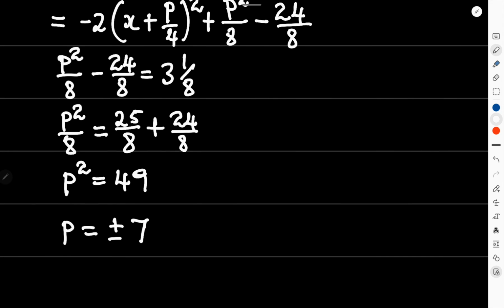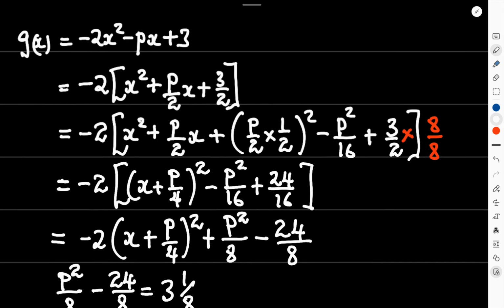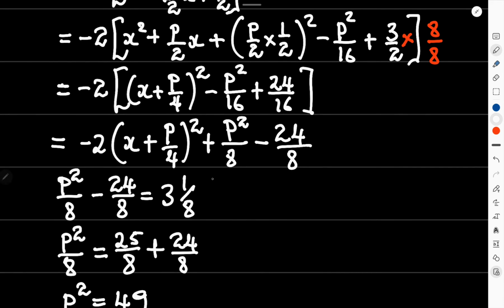So I hope you were following from the beginning what went down. Basically here you need to remember your completion of the square. After completing the square, you take this, which is q, and equate it to 3 whole number 1 over 8.